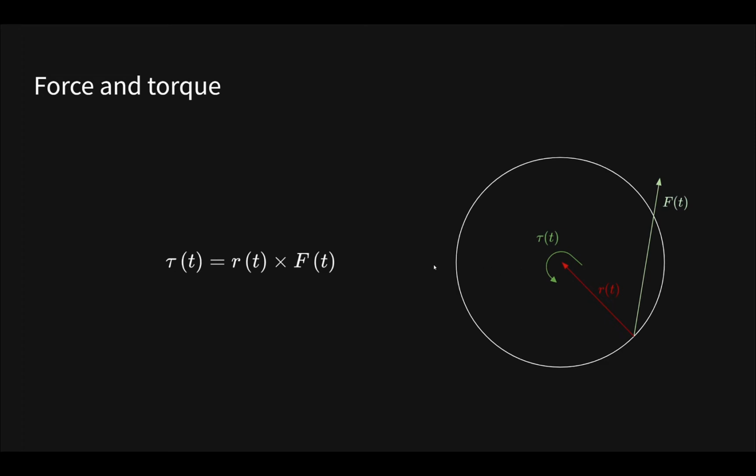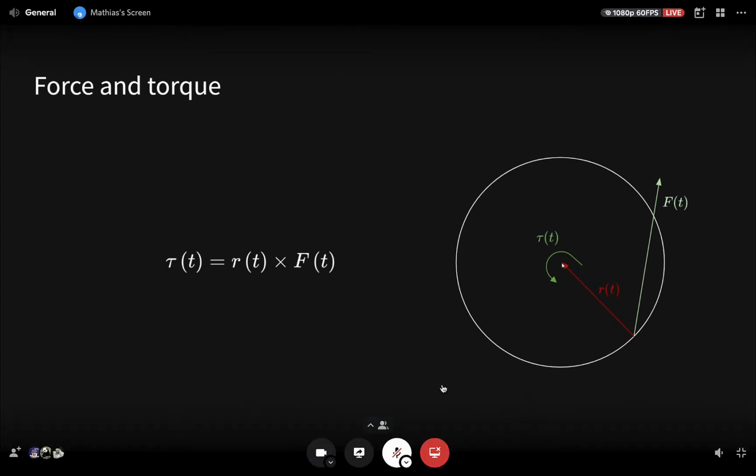If the torque is non-zero, then the angular velocity is changed. The torque can be defined as the cross product between the vector from the center of mass to the force application point. I see I've actually flipped this vector. It's supposed to point from the origin to here.